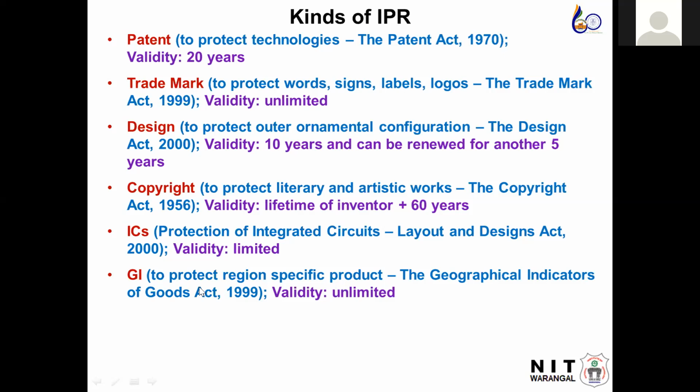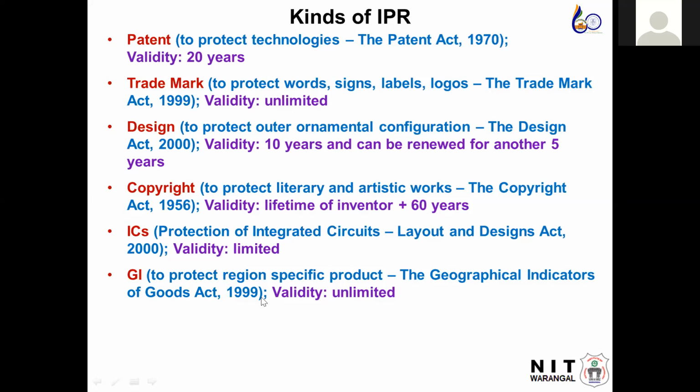The name is assigned to that flavor and taste of the product, which is the characteristic of that area, which has come from many years. It is not that somebody has newly created it. Ancestors developed it, and it has been passed down, and nobody is the owner of that.